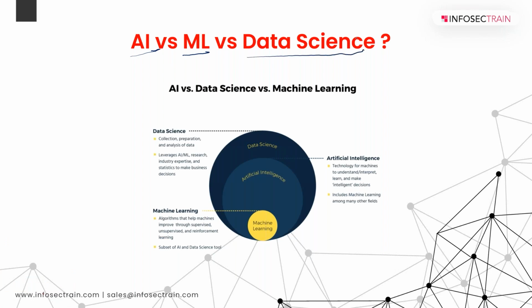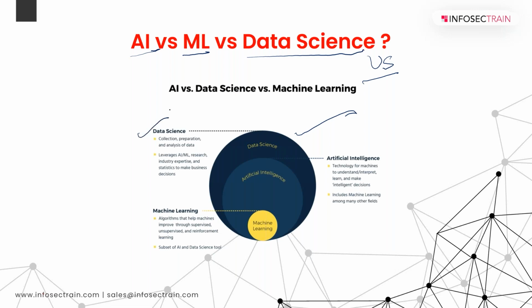Now, as you can see in this diagram, what do we have? Data science is what? The universal set, you can say. Now, AI is the subset of data science, and ML is the subset of artificial intelligence as well.